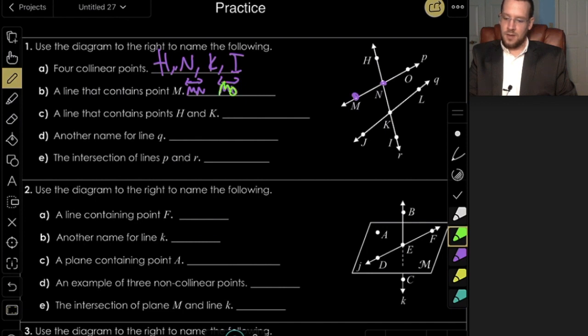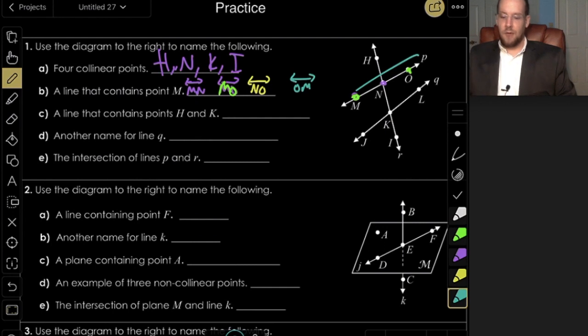If I do this in green, that would be these 2. We could also call this the line NO, New Orleans. Or really, you could even call it the line the other way, right? You could call it OM. What I'm doing is I'm just picking 2 points on the line and naming it those 2 points. All of these answers are correct.